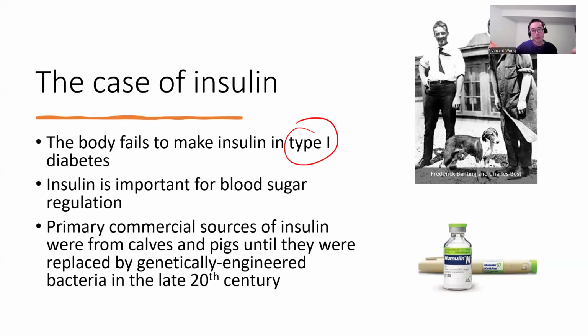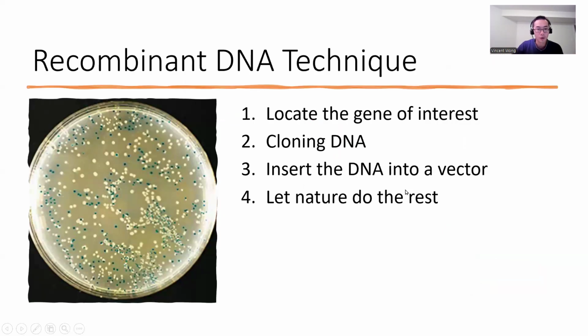So, there's lots of problems basically, and not to mention it's expensive and time intensive to prepare these things on a large scale, which is why we have the biotechnology method of creating insulin, and that was done in the late 20th century, and that's what I'm gonna show you.